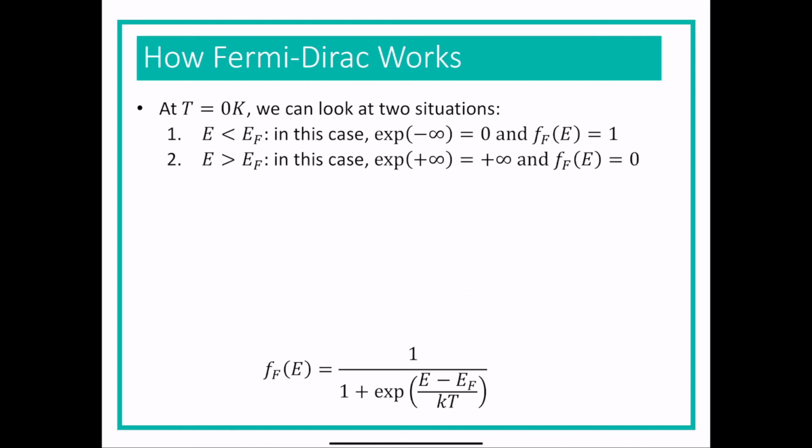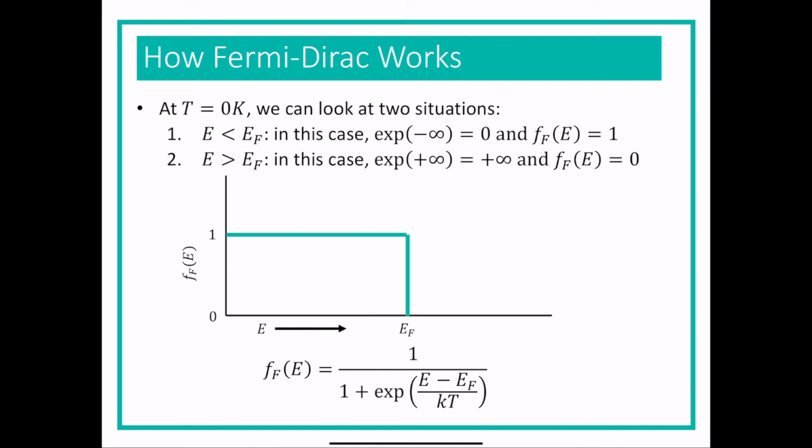If the energy is greater than the Fermi energy, the exponential goes to positive infinity, and the whole function equals 0. So if we graph that, the function equals 1, the probability of finding an electron at any energy level below the Fermi energy is 1, and the probability of finding one greater than the Fermi energy is 0.